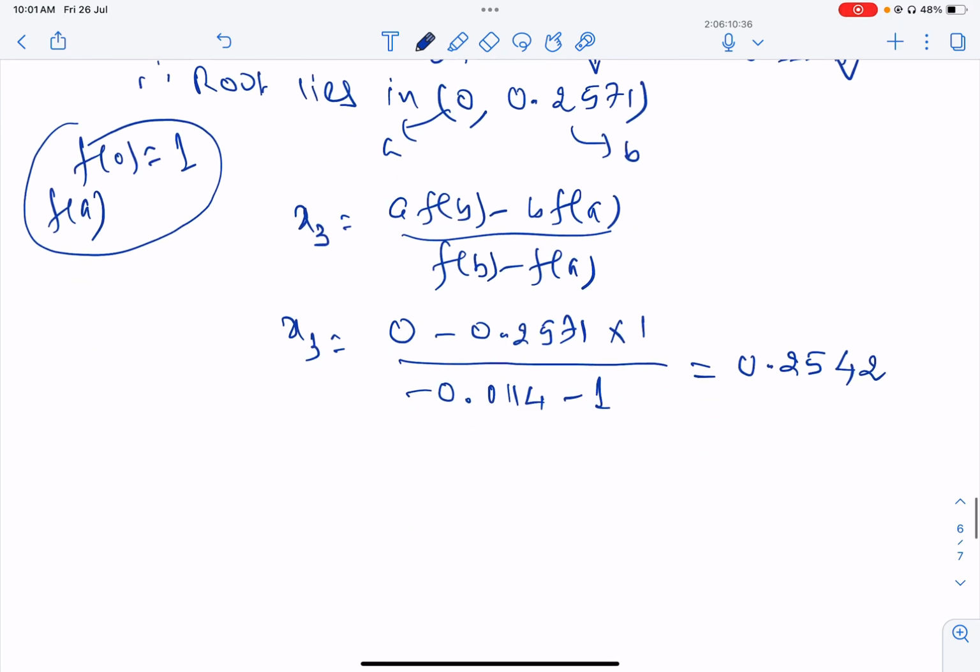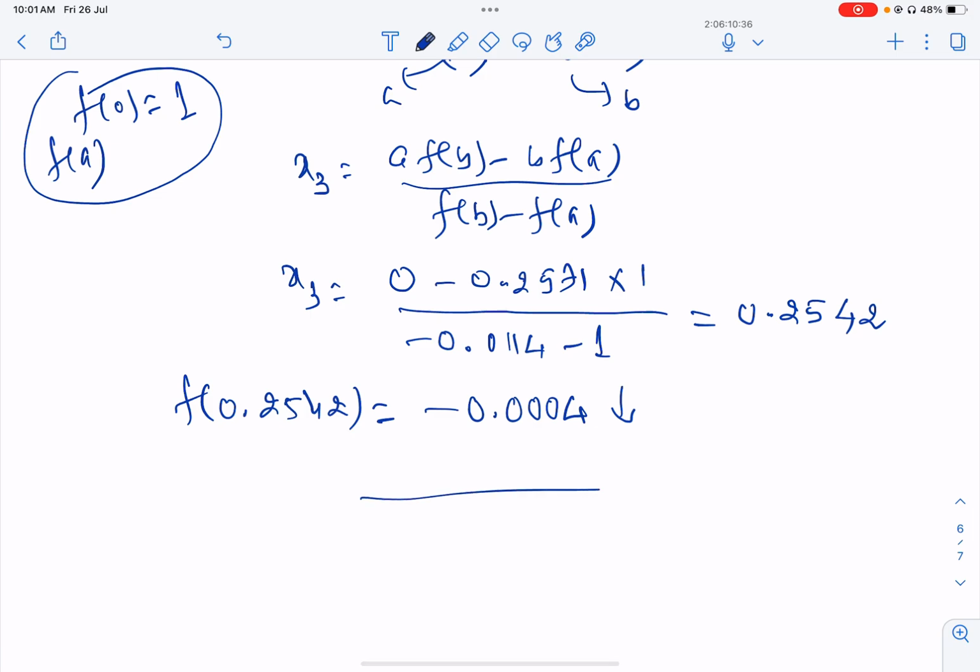Then you take the value here, f of 0.2542, where f(x) is x cube minus 4x plus 1. You use the calculator and you will find that this is about minus 0.0004, so again this is negative.